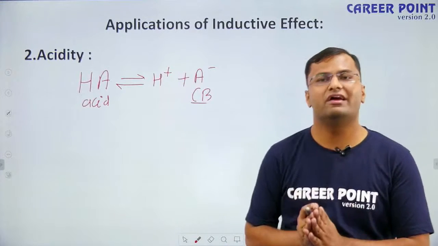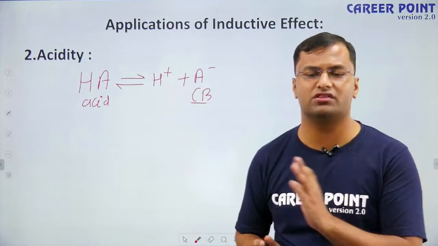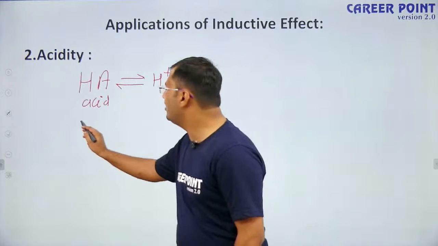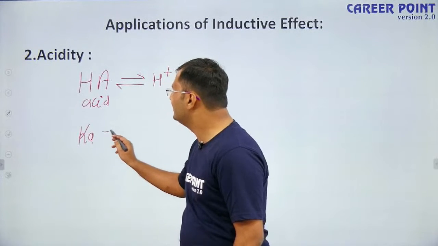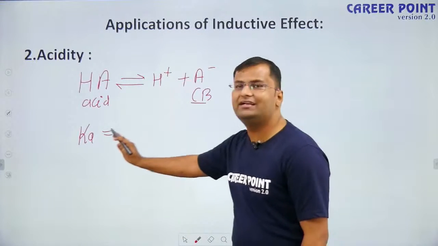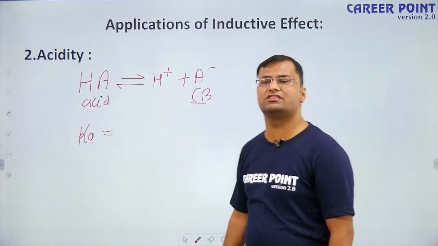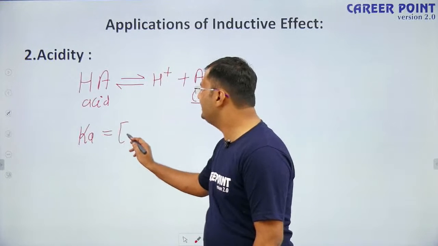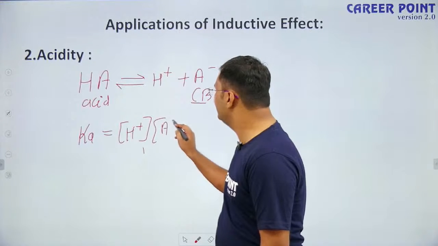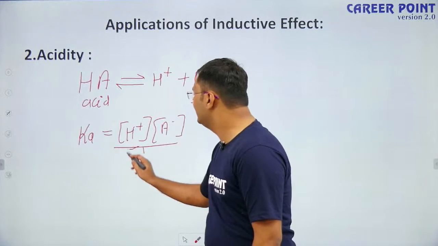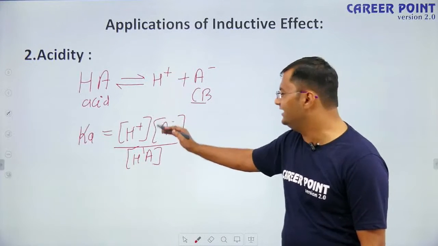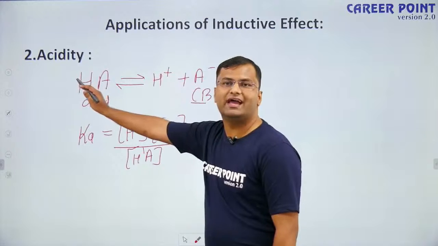Clear? Now, if we want to write the dissociation constant Ka of this equation, by applying the chemical equilibrium formula we can write Ka as the concentration of H plus times the concentration of A minus, upon the concentration of HA. In the numerator we write the products and in the denominator the reactant.